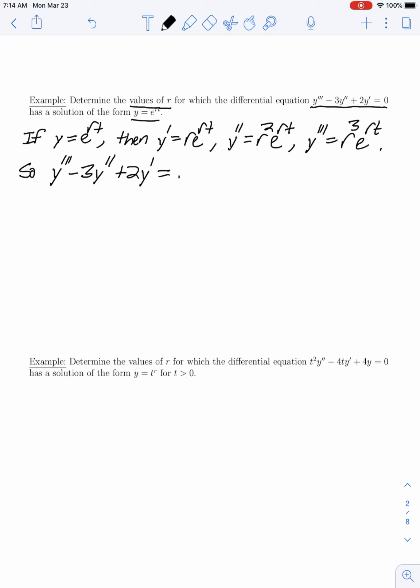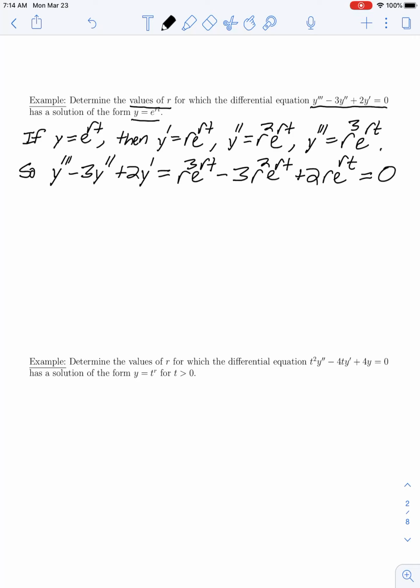So let's see what we get when we substitute these expressions in. We found y triple prime to be r cubed e to the rt, minus 3 times y double prime, which is r squared e to the rt, and then plus 2 times y prime, which was r e to the rt. We need to make sure that this is equal to 0 in order to satisfy our equation.